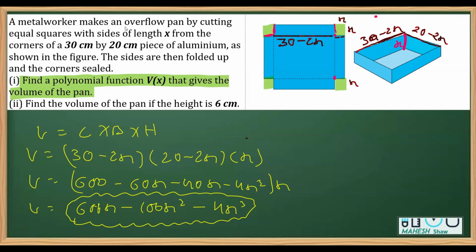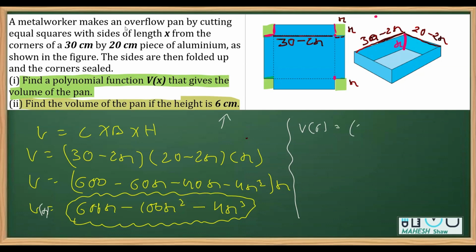So we'll say that this is the expression for the volume of the pan. Now, the next part says find the volume of the pan if the height is 6. So we are going to find Vx when the height x is 6, replacing x with 6 as per the question. I can place x anywhere; if you find it easier to calculate here, you can do it here also.